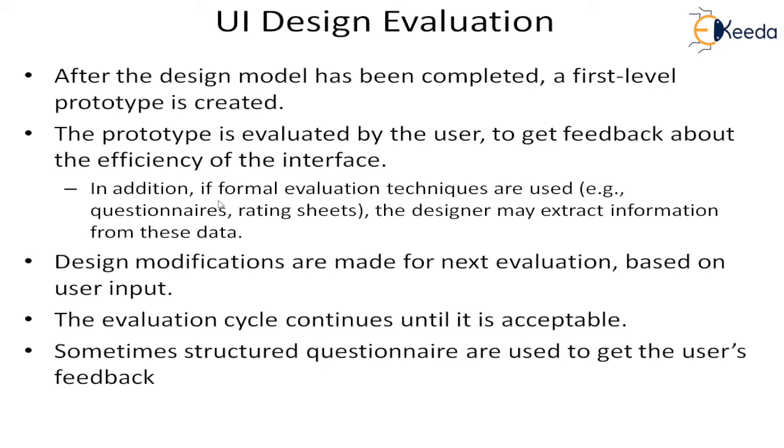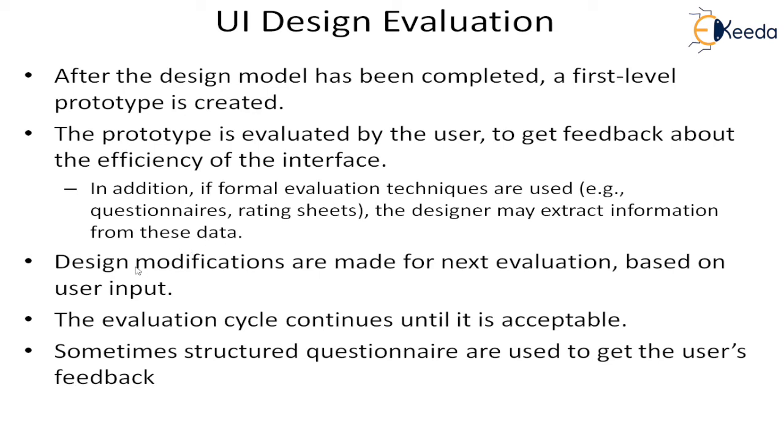In addition, if formal evaluation techniques are used, then we can also distribute some questionnaires or rating sheets to the users, and they can, in their own time, look into the system and give you the answers. The designer may extract information from these questionnaire forms and rating sheets.